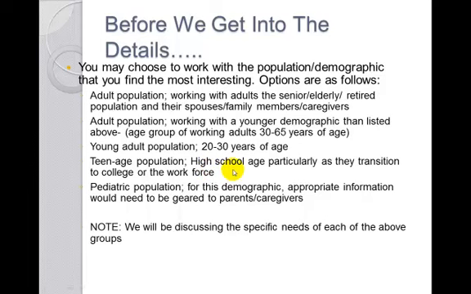Another really interesting group that's fun to think about working with would be the teenage adult population. For example, high school age, particularly as they transition to college or the workforce.